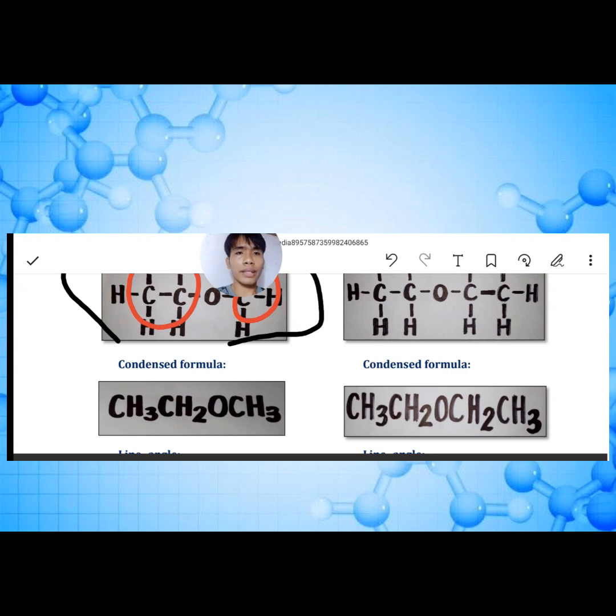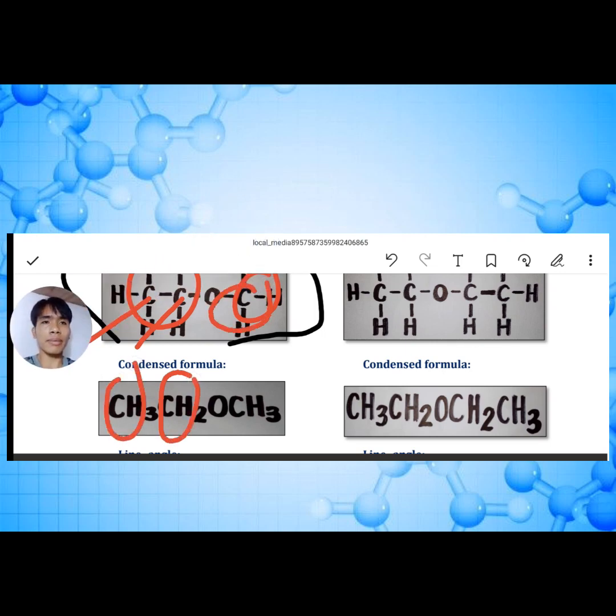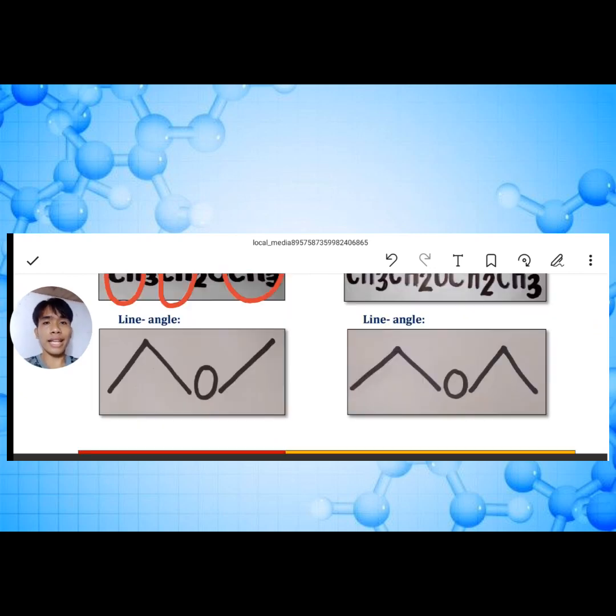So these two carbons, this and this, simply mean ethyl here, and the last carbon is this. So ethyl methyl ether is composed of 3 carbons bonded to oxygen. The other one is the line structure formula. So this is the line angle formula.